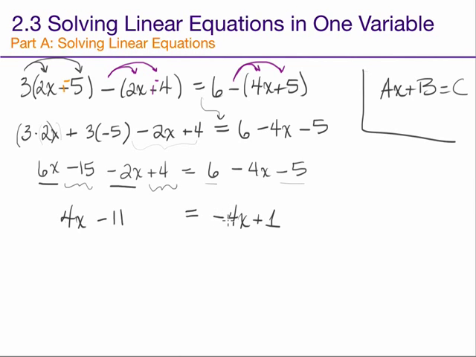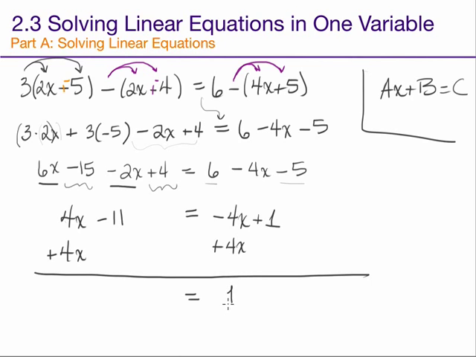To get rid of negative 4x's, I'll add 4x's. But if I add to the right, I must also add the same amount to the left. Minus 4x plus 4x is 0, and 0 plus 1 is 1. Here I have 4x plus 4x is 8x minus 11.